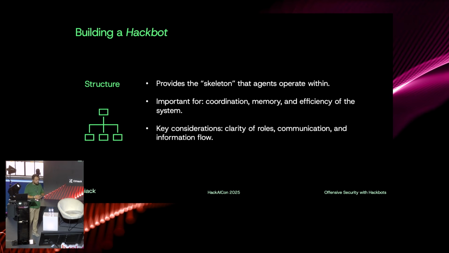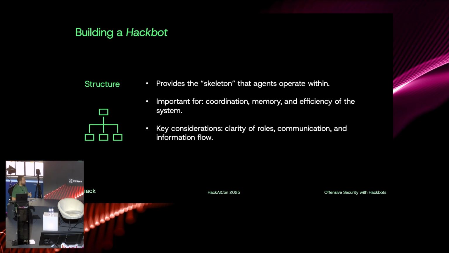And then you have the structure. You can think about a multi-agent architecture, which is more engineering related, and it will provide the skeleton that agents will operate within. This component is essential for a lot of functions, including the coordination between different parts of the system when multiple agents or processes are involved.